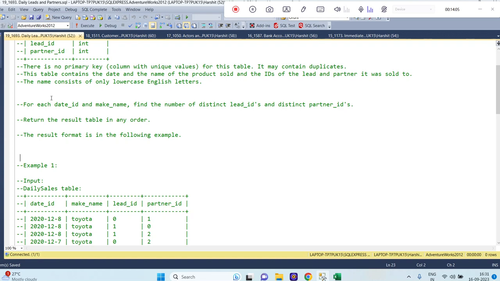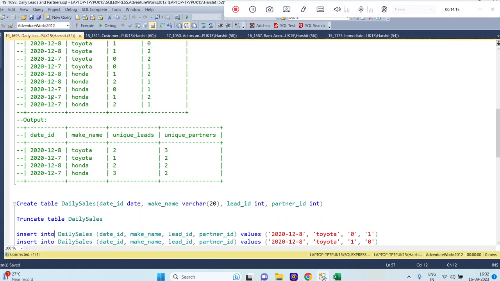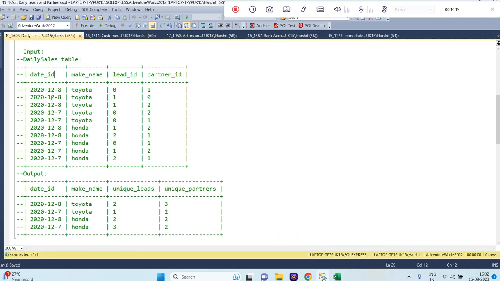For each date ID and make name, find the number of distinct lead IDs and distinct partner IDs. So over here, for the Toyota, how many distinct unique lead IDs are there? One, two. Two lead IDs are there, right?